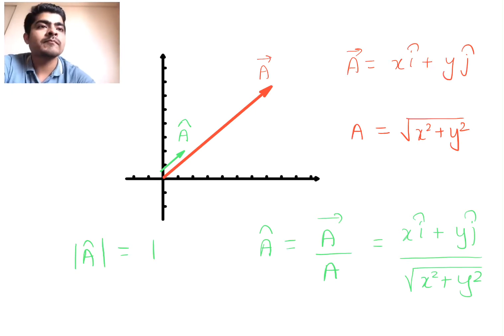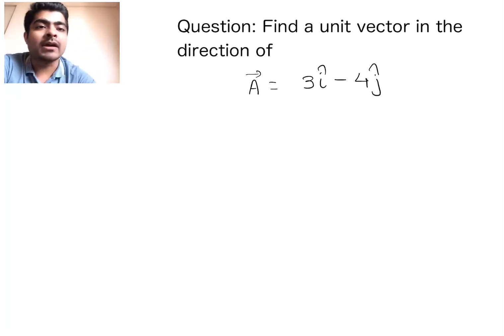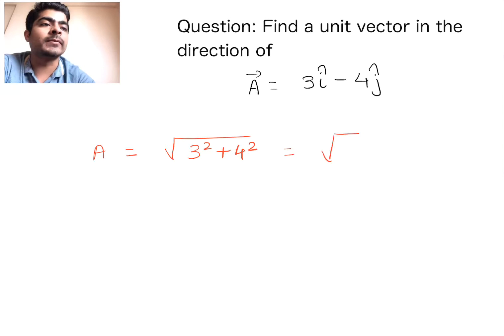Okay, so now you have a simple question based on that. We have to find a unit vector in the direction of a vector equal to 3 i cap minus 4 j cap. So first of all we need to find the magnitude of a vector. The magnitude of a vector will be given by a, which is root of 3 square plus 4 square. So that will be root of 9 plus 16. 9 plus 16 will give you root of 25.